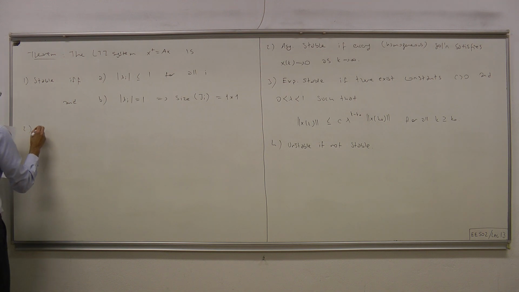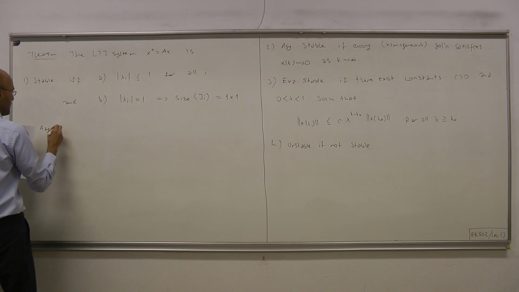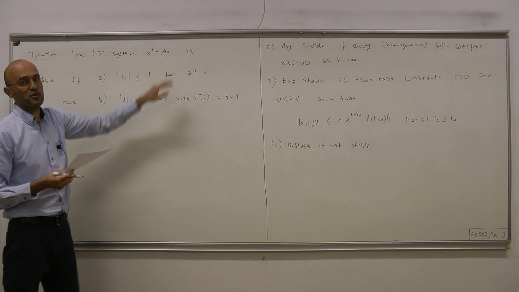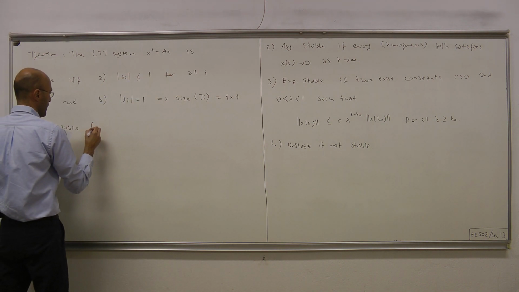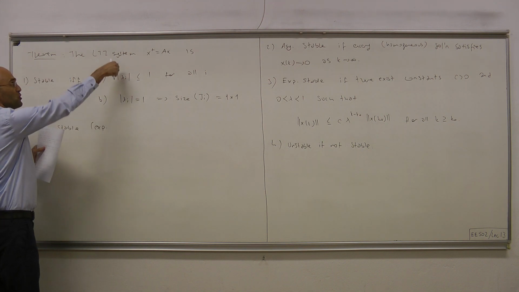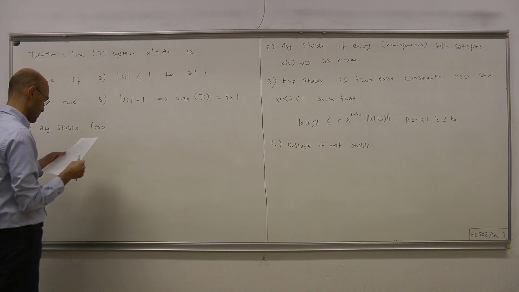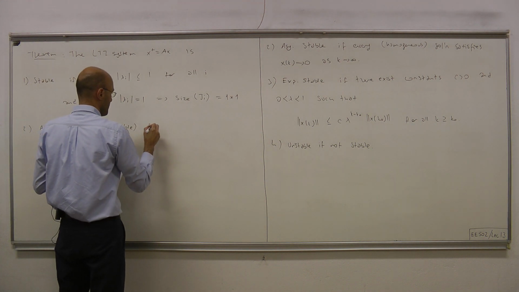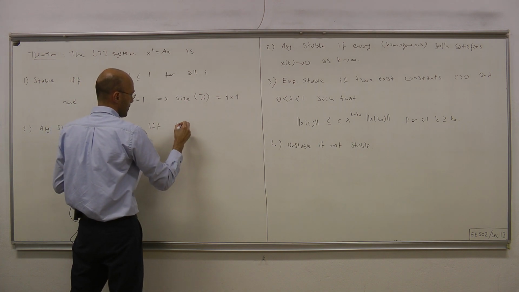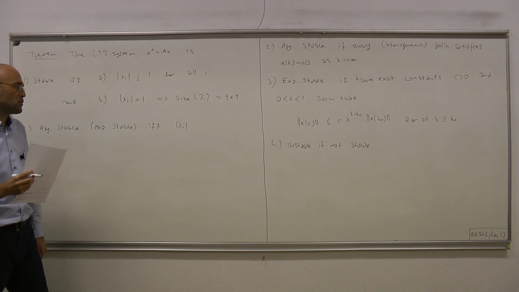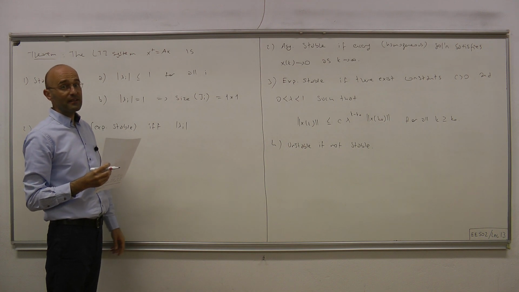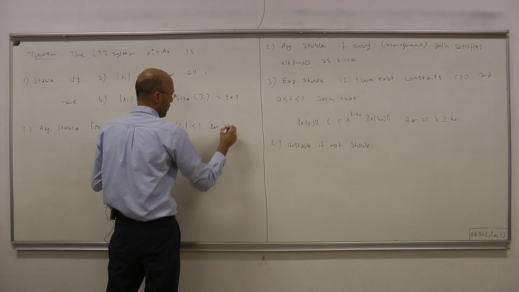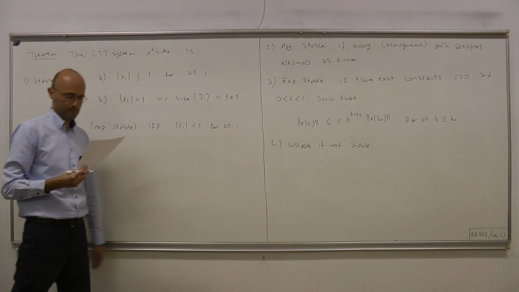Two, asymptotically stable. This homogeneous difference equation is asymptotically stable, and for the LTI case, which we are studying, it's equivalent to exponential stability, if and only if all the eigenvalues are with magnitude strictly smaller than 1 for all indices i.